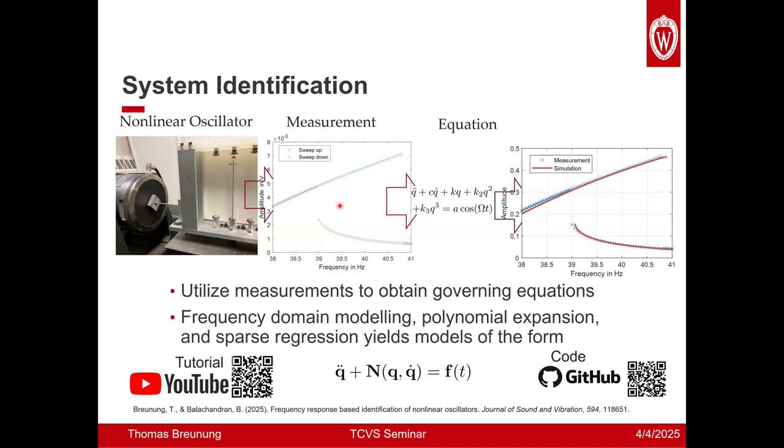I'm not going to go into the details of how exactly we did that. But to summarize the key concept, we did modeling in the Fourier domain, polynomial expansion, and then subsequently performed sparse regression to come up with a simple and easy model that accurately represents the measurements.